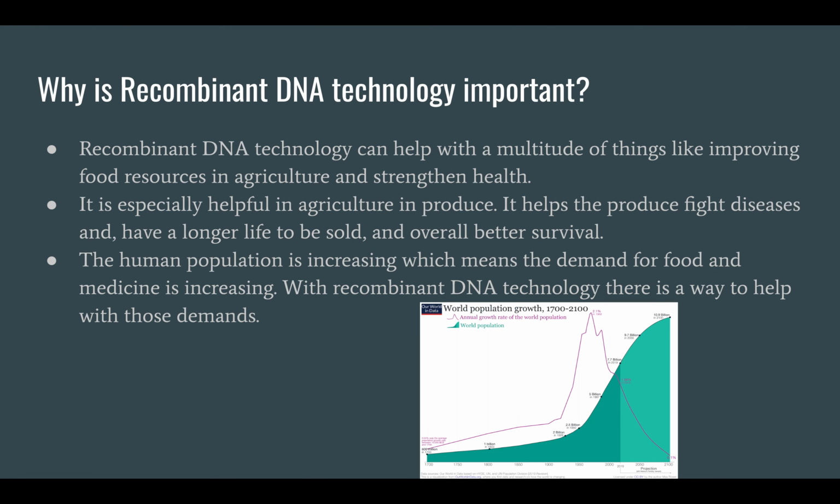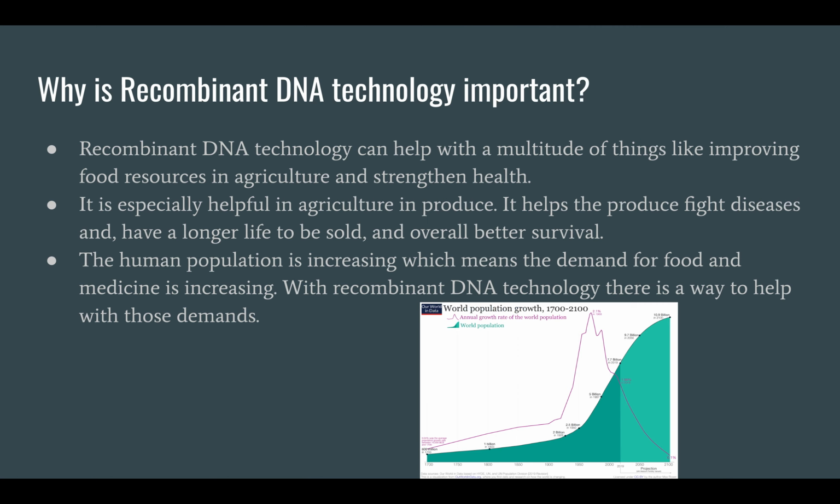Why is recombinant DNA technology important? It's important because it can help with a multitude of things, like improving food resources in agriculture and strengthening health resources. It's especially helpful in agriculture, in produce and animals, because you could create produce that has the genes to fight diseases better, have a better immune system, and live longer.